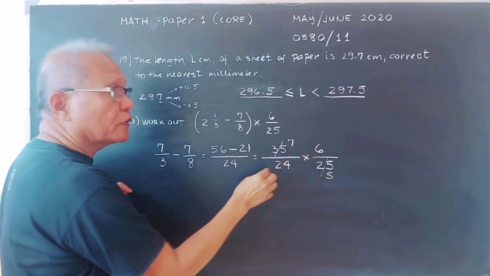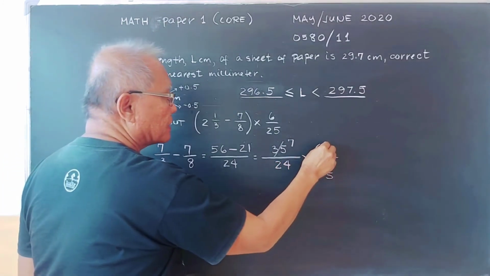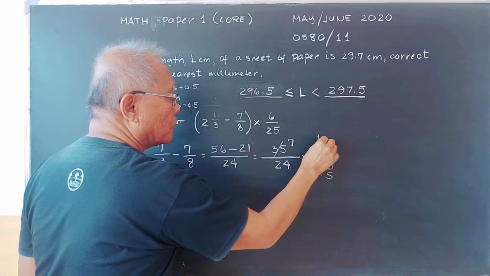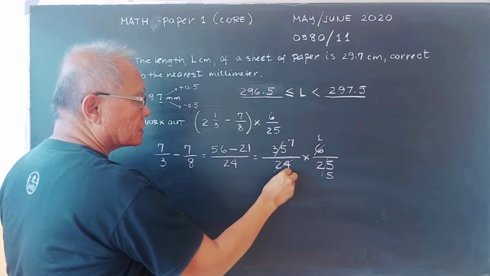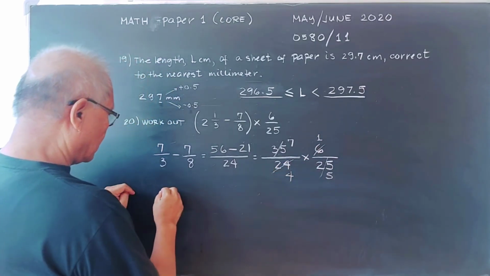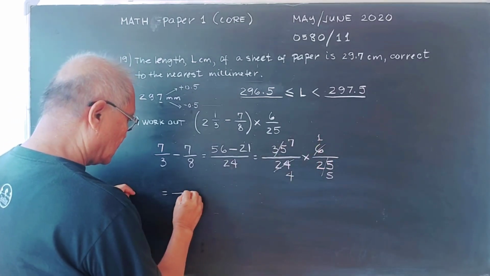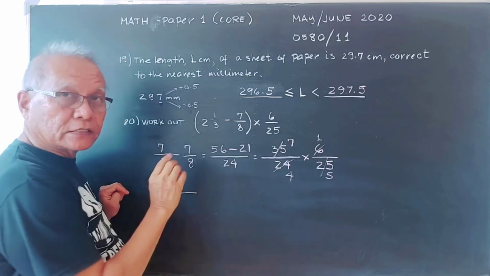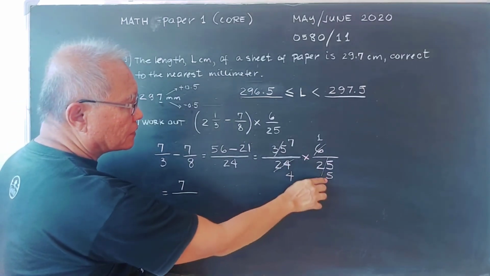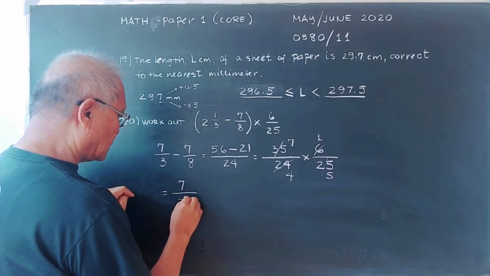No. 6 and 24? Yes. We can divide this by 6 is equal to 1. Divide this by 6 and we have 4. And then we now multiply. 7 times 1 is 7. And then 4 times 5 is 20.